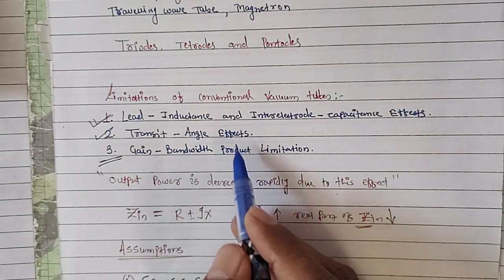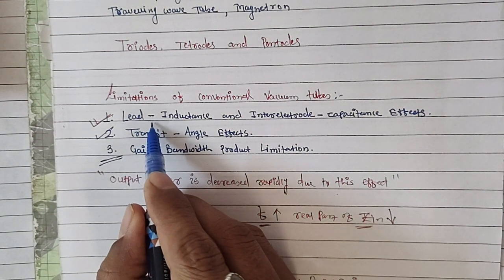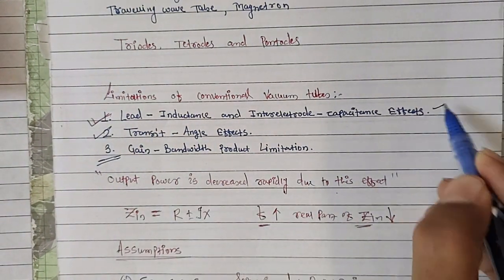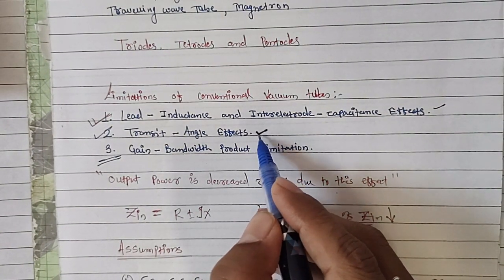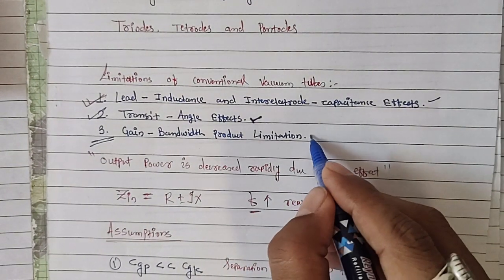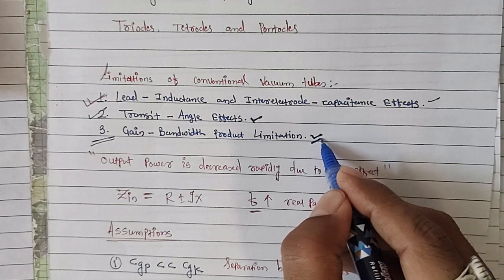So because of these three limitations, conventional vacuum tubes we cannot use at higher frequencies. Because of the first limitation, output power reduces. Because of the second limitation, we have seen that efficiency of the tube reduces, and because of the third limitation, whenever we expect higher bandwidth, we have to compromise for gain.